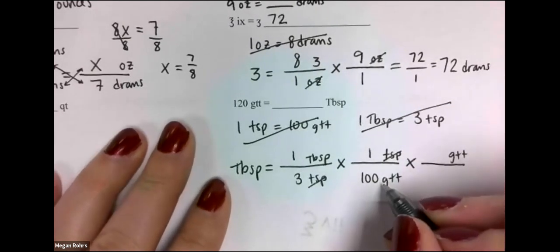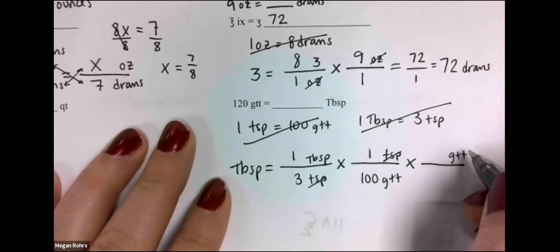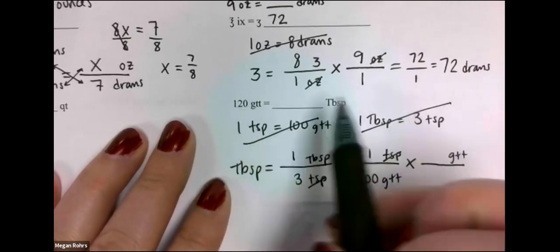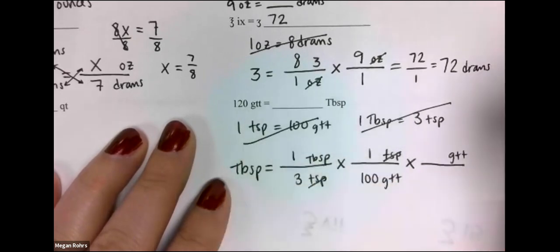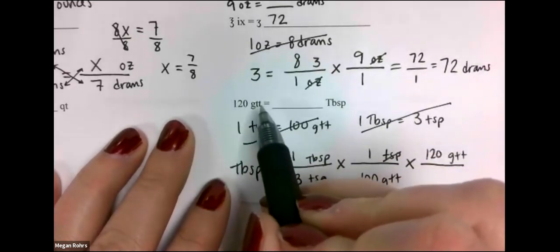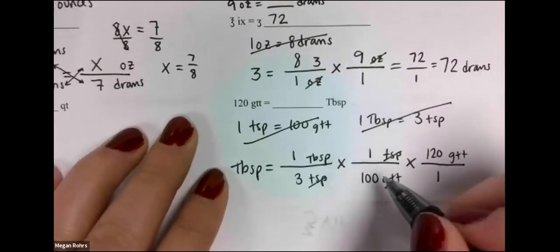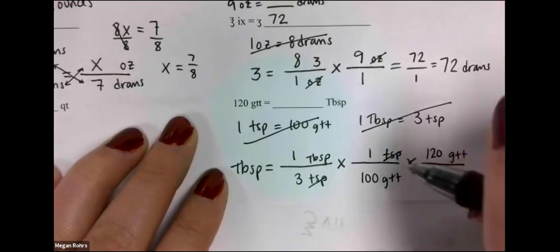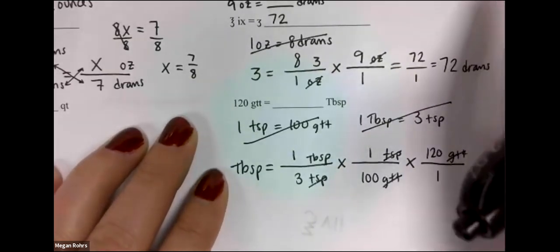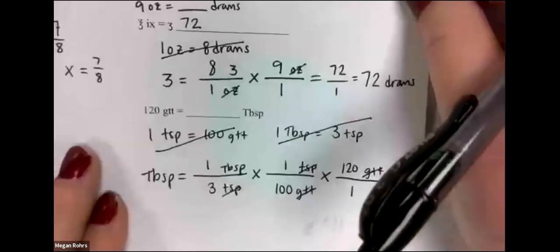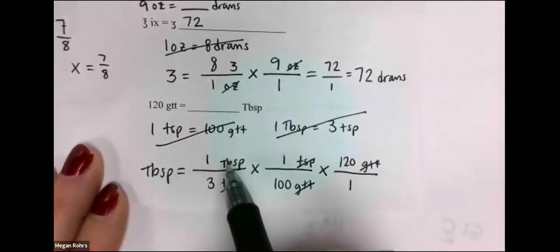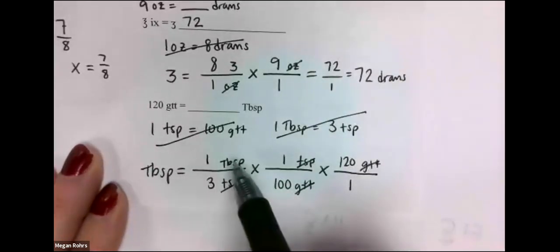So drops down here, drops need to go back up here. What is left? Well, my 120 drops. That is by itself over here, so we can just put that over 1. Now my drops can cancel, and I will be left with tablespoon, which is just what I'm looking for here.